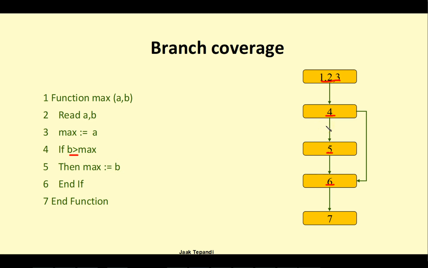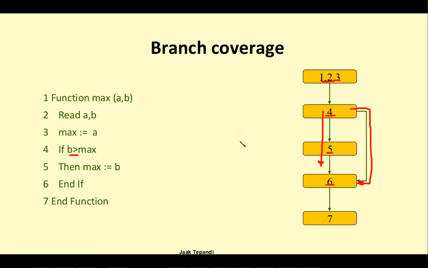Based on this graph, we can see that now we need at least 2 tests to achieve branch coverage versus 1 test to achieve statement coverage, because we need to cover both this branch, which follows from 4 to 5 to 6, and this branch, which follows directly from 4 to 6.